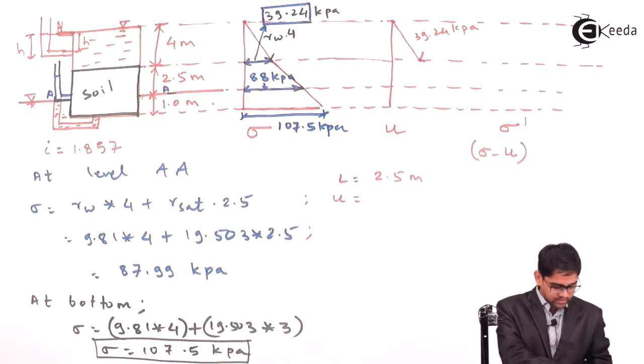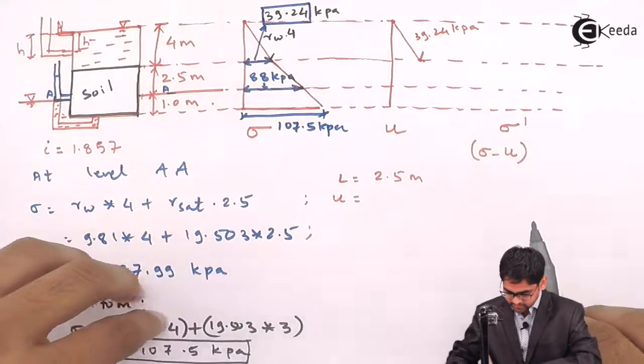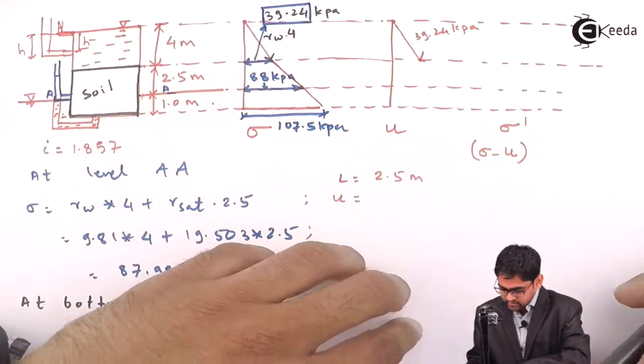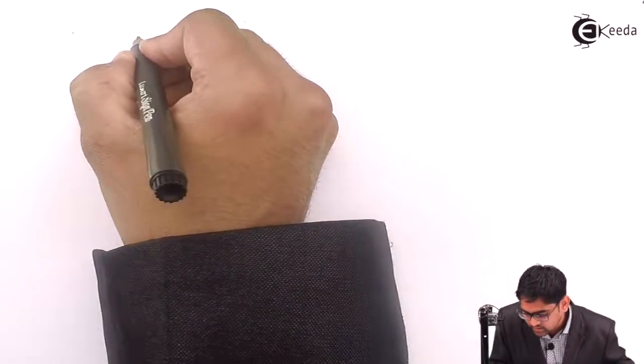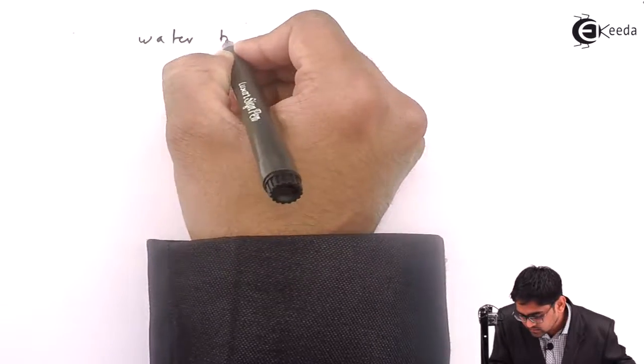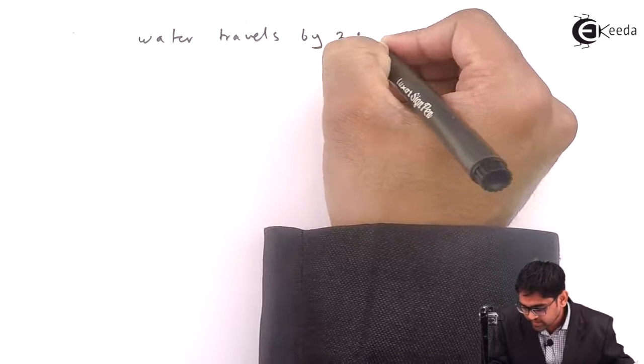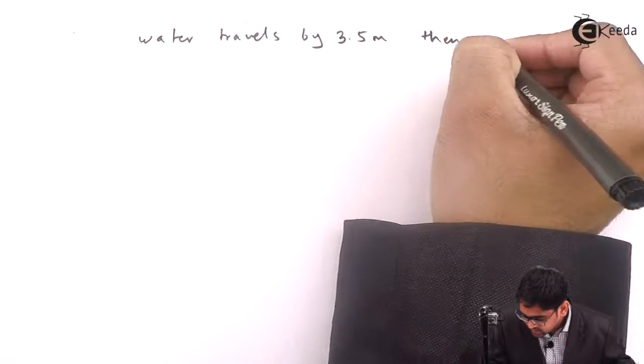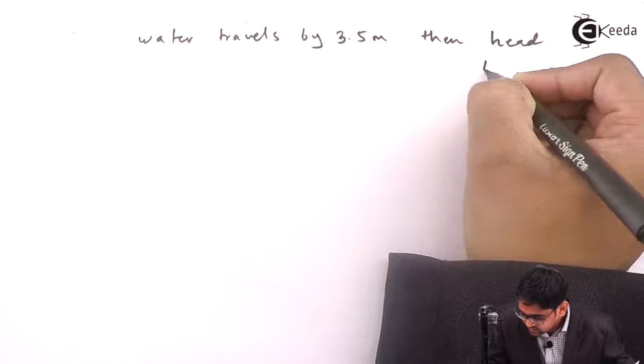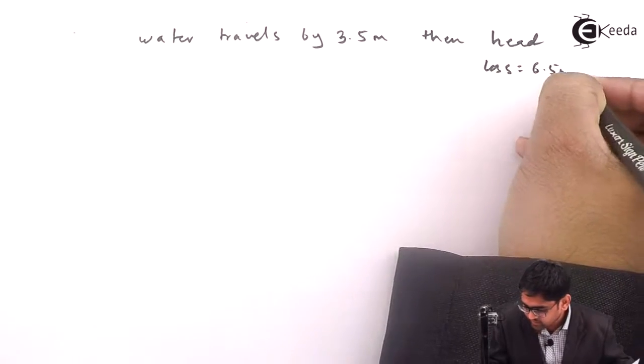So I'll write it like this on the next fresh page. If the water travels by 3.5 meter, then head loss will be 6.5 meter.